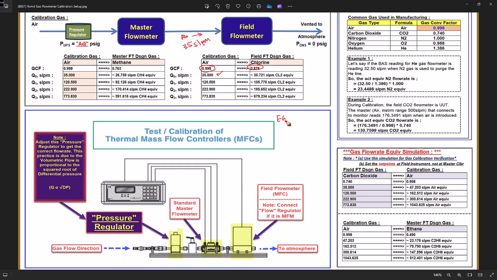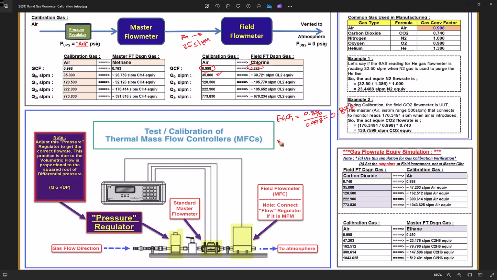The effective gas conversion factor is this GCF for chlorine divided by this GCF for air, which is 0.876 divided by 0.998. Then you will get about 0.878.